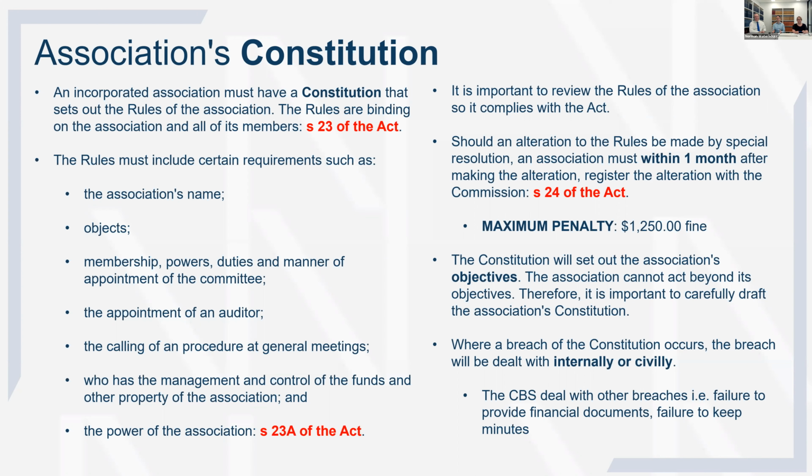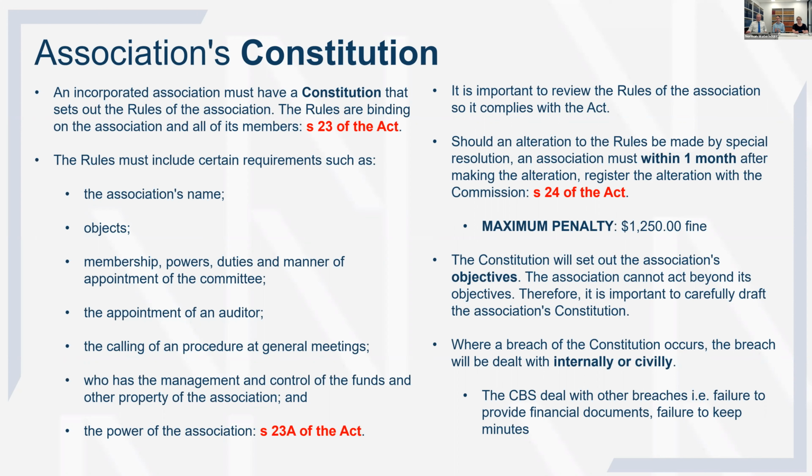So just keep that in mind. It's very easy to amend your constitution. It can be done by way of a special resolution, but please ensure that you notify the Commission within 1 month once that's done. Although there are several points that need to be incorporated within the rules, the main one I want to focus on is the objects. The objects set out basically the key reason why the association exists.